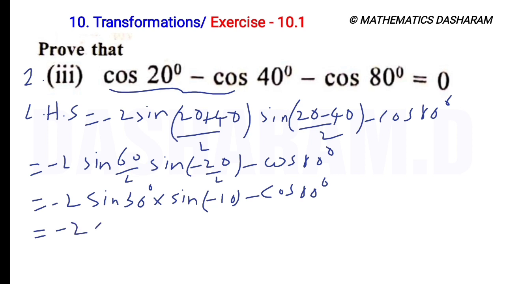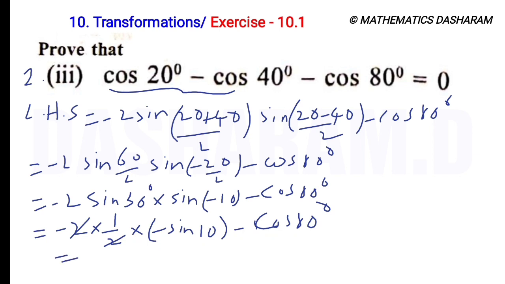So minus 2 into sine 30 is 1 by 2, and sine minus theta is minus sine theta. So minus sine 10 degrees minus cos 80 degrees. Here 2 cancel, and minus into minus is plus sine 10 minus cos 80, which I am writing as cos of 90 minus 10.